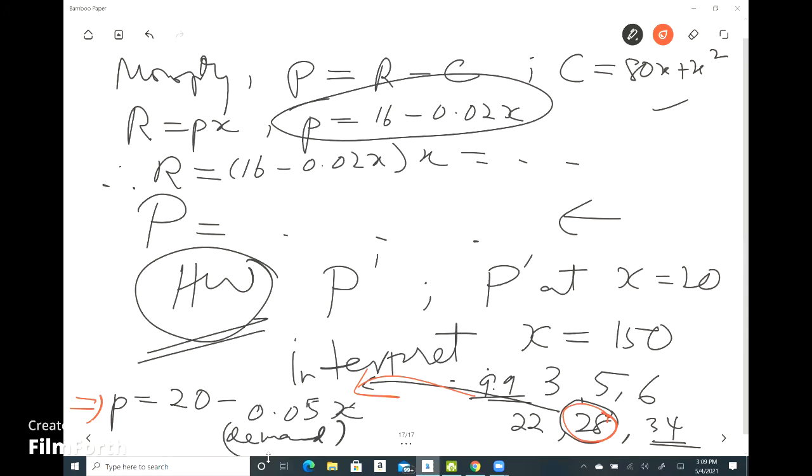So next, whatever time I have left, I would like to do the relationship between the derivative and the function.